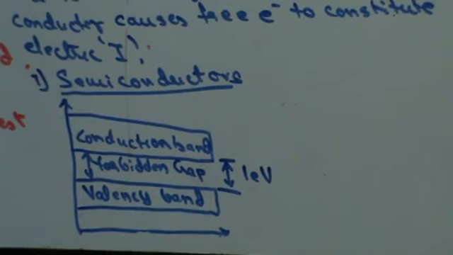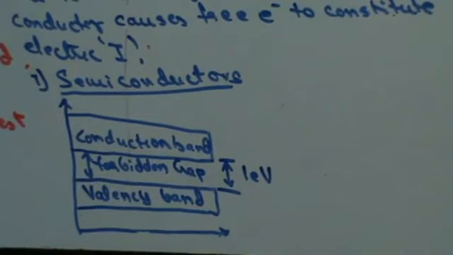So the electrons are very tightly bound to the nucleus. Also, the energy gap is sufficiently large, hence electrons do not possess sufficient energy to jump from the valency band to the conduction band, right? As a result, at 0 degree Kelvin, these substances behave like insulators, right?